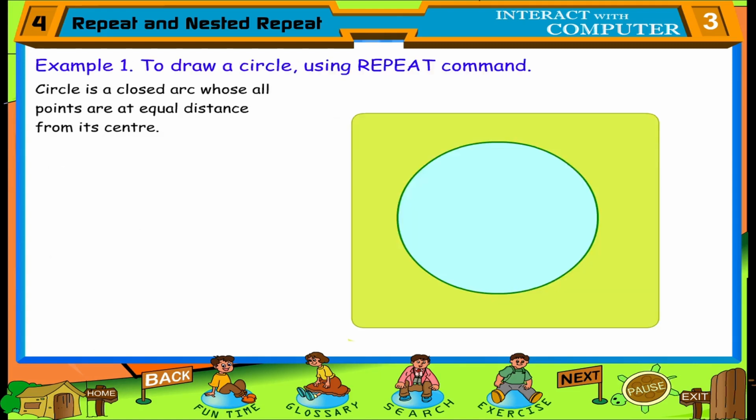Example 1. To draw a circle using the repeat command. A circle is a closed arc whose all points are at equal distance from its center.